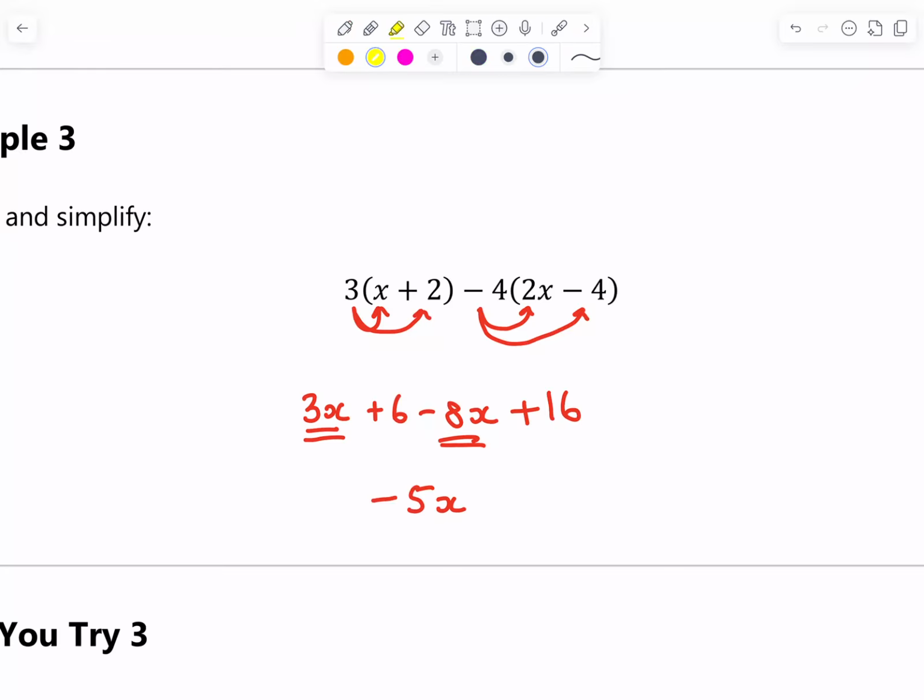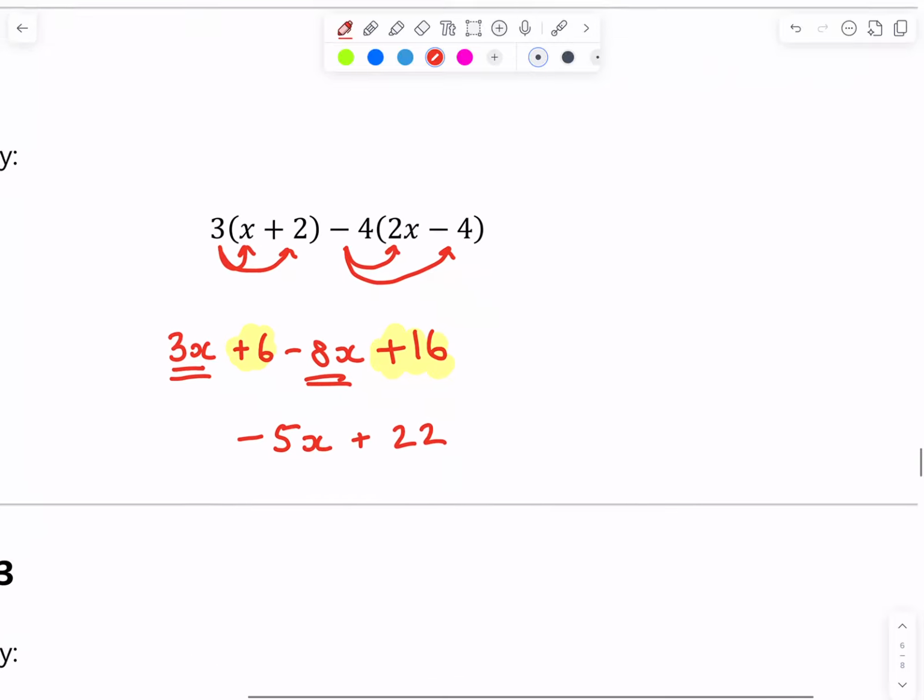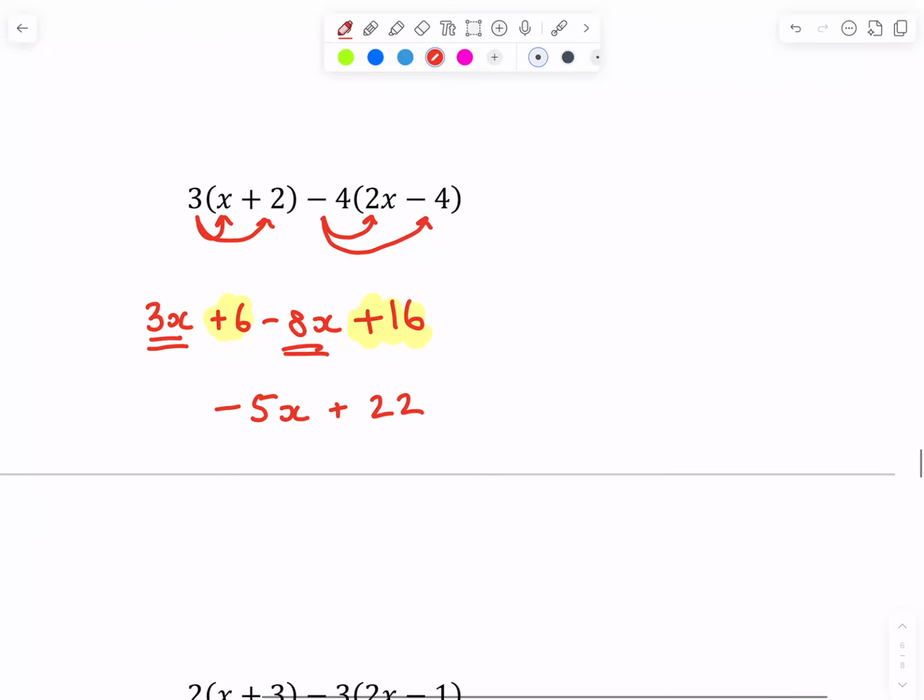So don't forget the x. And in this case we've got 6 plus 16, and 6 plus 16 is 22. So it's going to be negative 5x plus 22. Usually we don't like to write negatives as the first term. This is correct, it's not wrong, but it's better to write 22 take 5x.